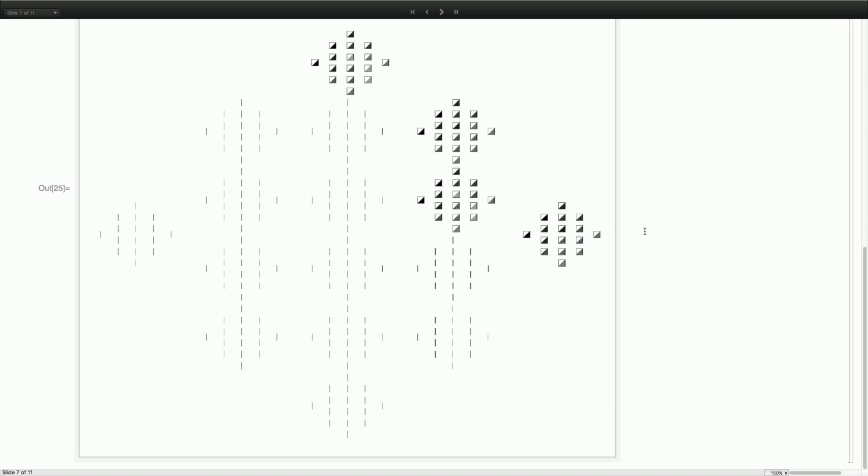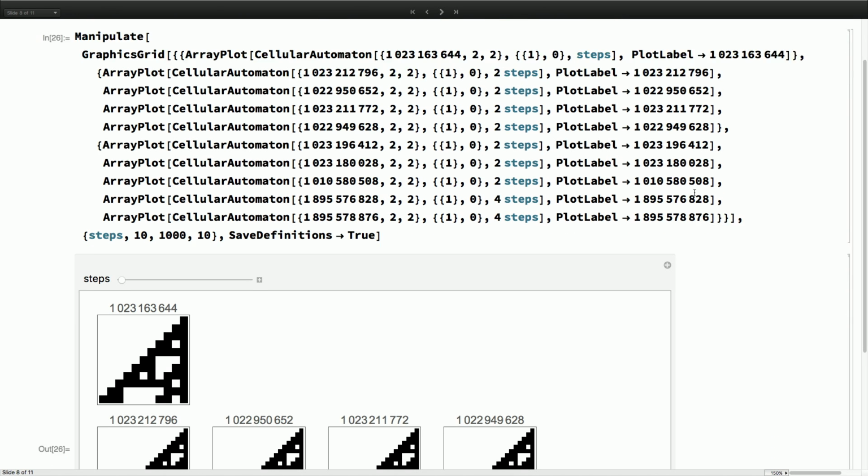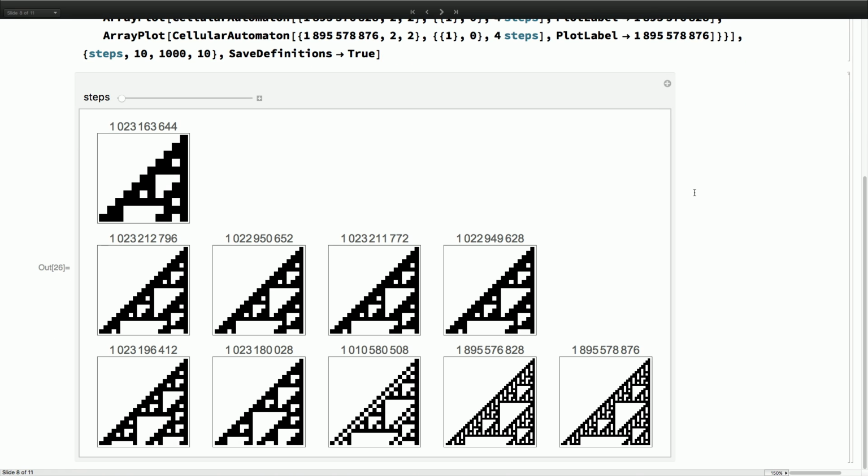And then I went ahead and I said, okay, let me collect this. In fact, I went and did other explorations in other groups 256, and I found a total of 4. They do exactly the same. So I took those and I call them high definition evolution of Rule 110, single input. So these are the ones that I collected that were also similar.